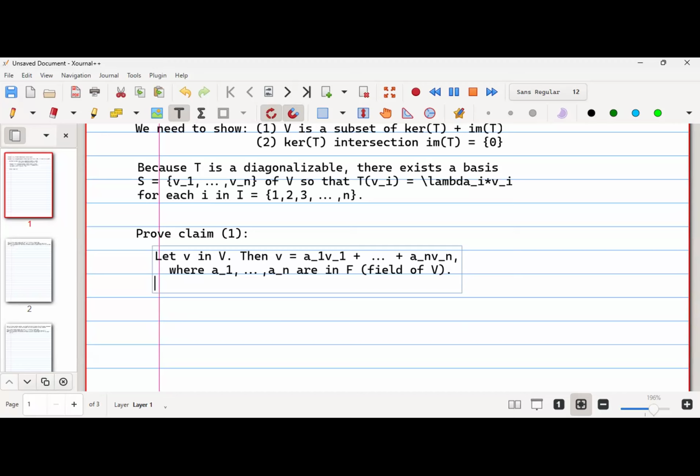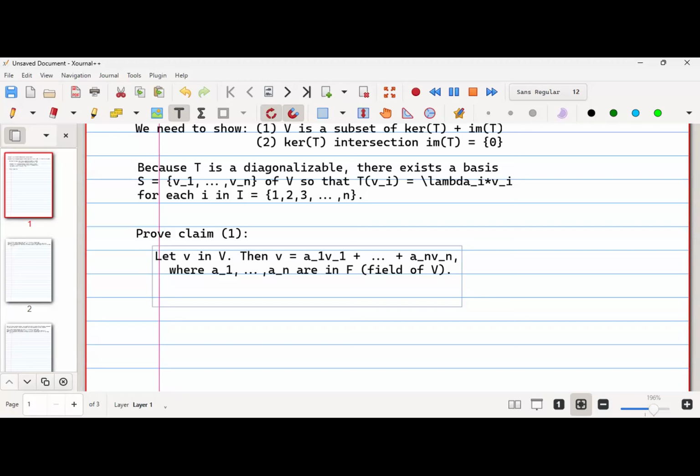So this is going to be the general idea of what we're going to do. We want to find a way to index all the eigenvectors that correspond to the zero eigenvalue, okay? And those are going to be in our kernel T. Additionally, we will claim that all the other eigenvectors that do not correspond to a zero eigenvalue are going to be in the image of T, okay?